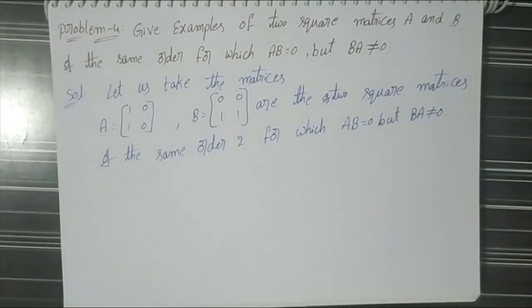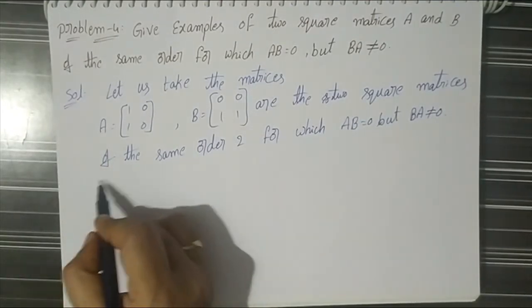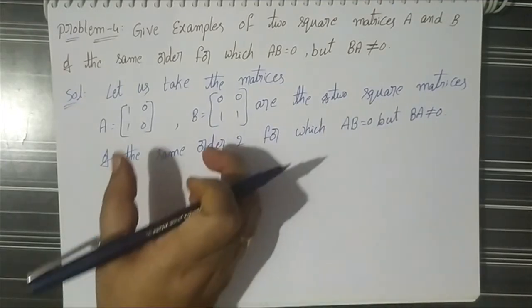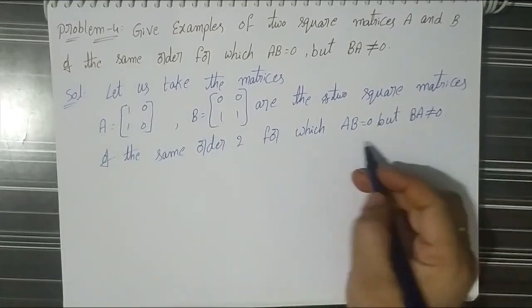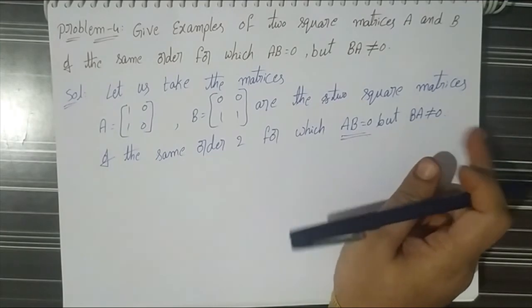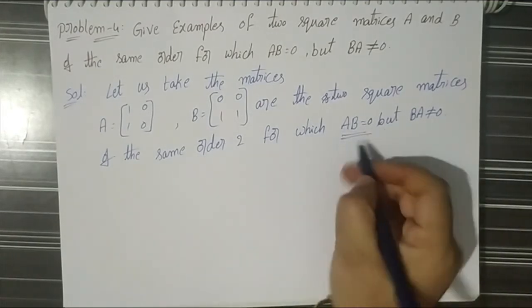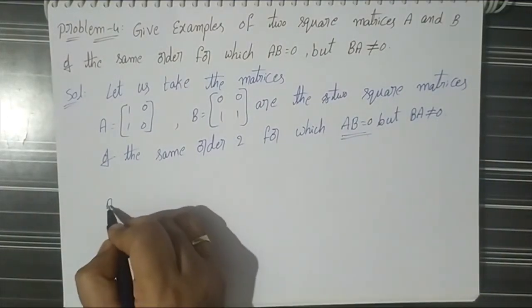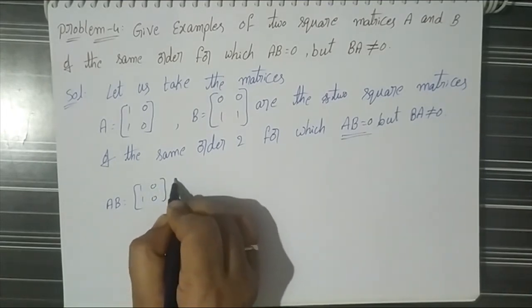These are the two examples. If you check AB equal to 0 by multiplying these two matrices, we can easily get AB value 0 but BA is not equal to 0.